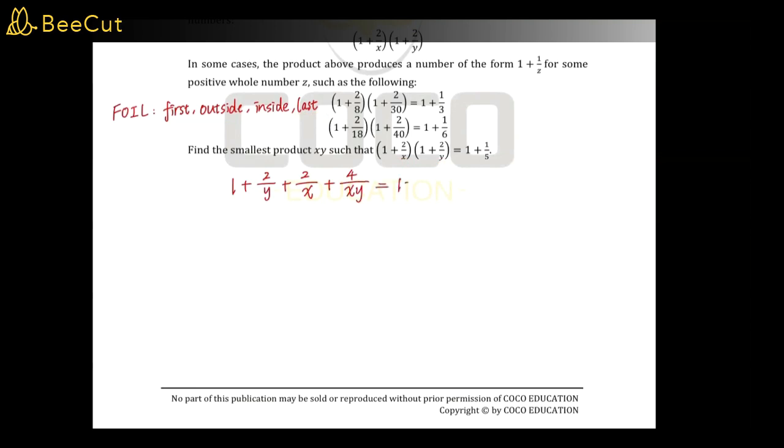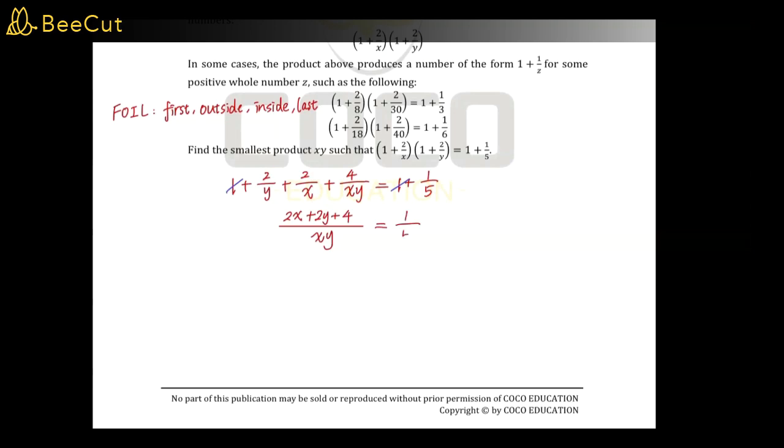This equals 1 plus 1 over 5. And so we cancel the 1 on both sides. For the left-hand side, we get a common denominator, xy. The first term is everything times x, so the numerator is 2x. The second fraction is everything times y, so the numerator is 2y. The 1 is just 4.